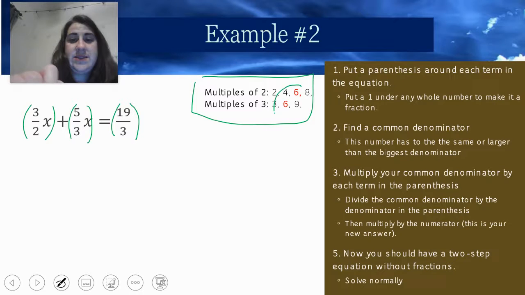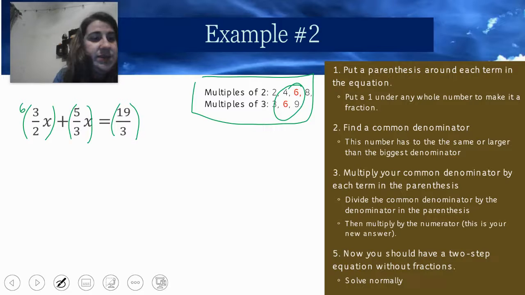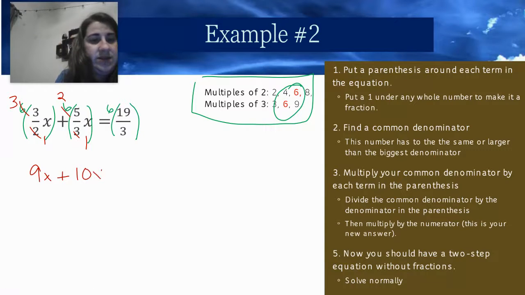Here, as you can see, the 6 is going to be my common denominator. So I'm going to multiply each of these by 6. Okay, and by doing that, I do 6 and 2, that reduces down to 3 and 1. So 3 times 3 gives me 9x. And 6 and 3, that reduces down to 1 and 2. 2 times 5 is 10x.